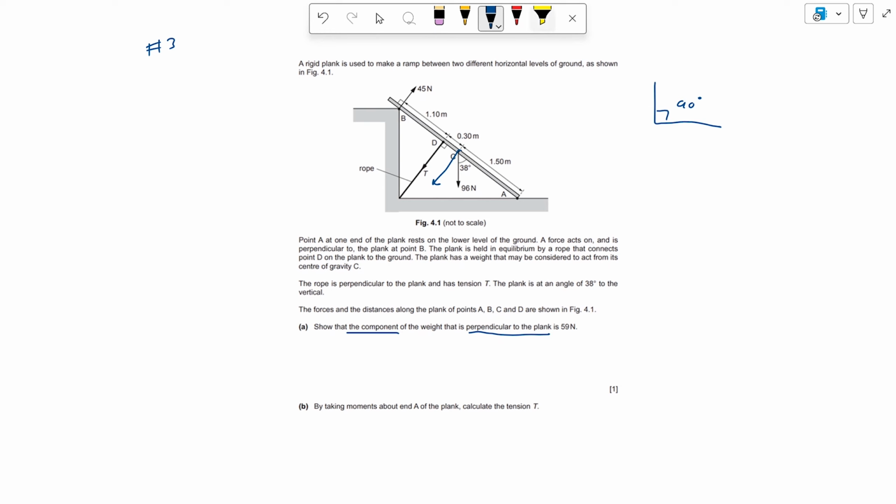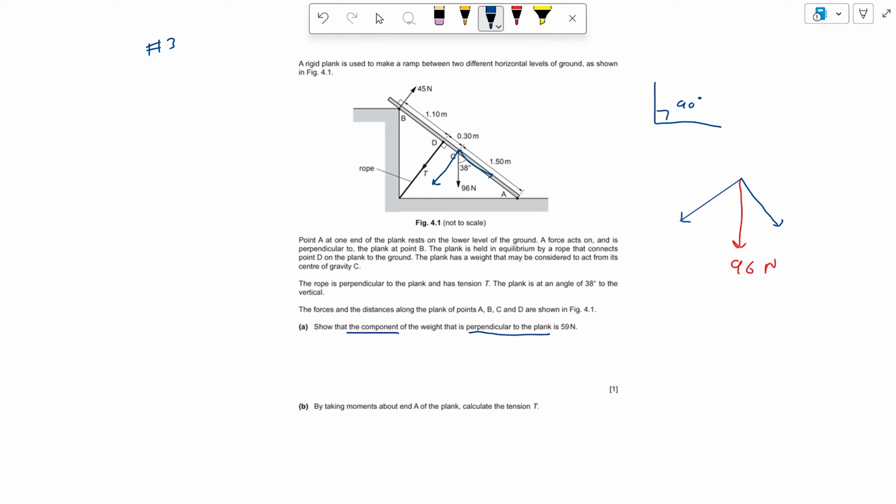I'm just going to draw the diagram here over again for convenience. So, this is 96 newtons. Our vertical component is going to be this direction, and our horizontal component is going to be in this direction, and in the diagram is going to be in this direction as well.